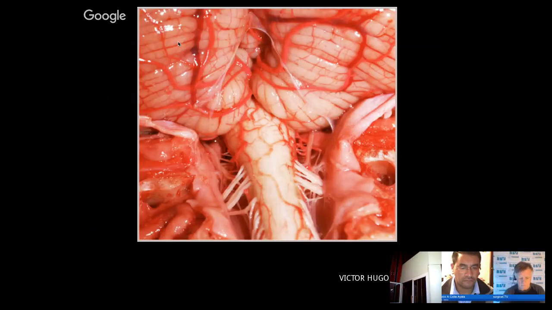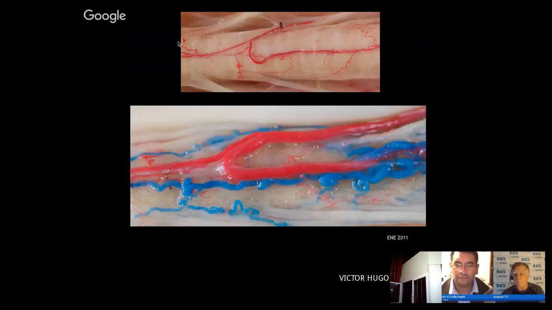Here we have the posterior aspect of the cerebellum and upper cervical spine, and the first dorsal roots of radicular nerves. Here we have a picture of the Adamkiewicz artery. In the superior photograph, we are seeing a very small thoracic artery.